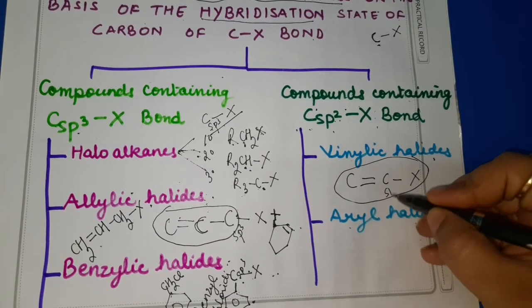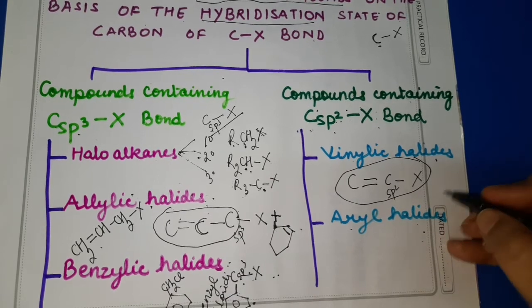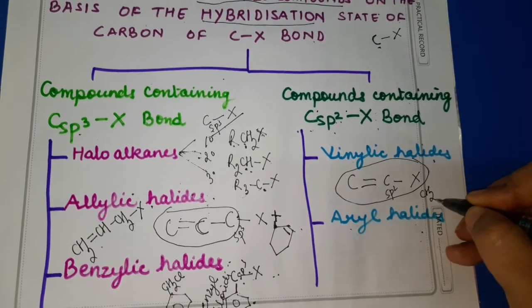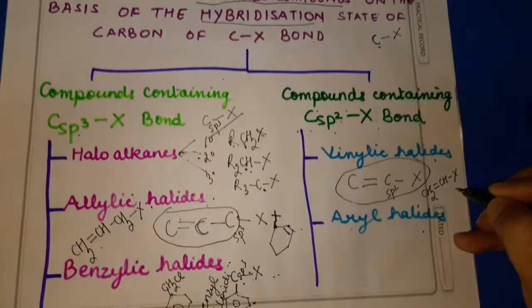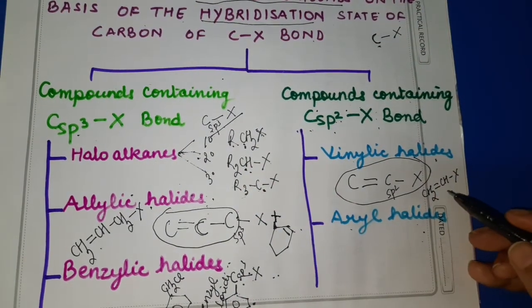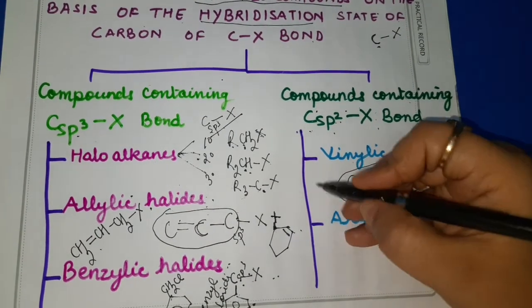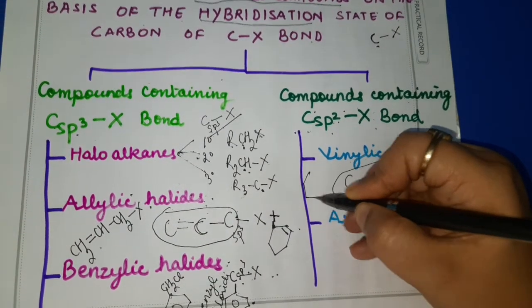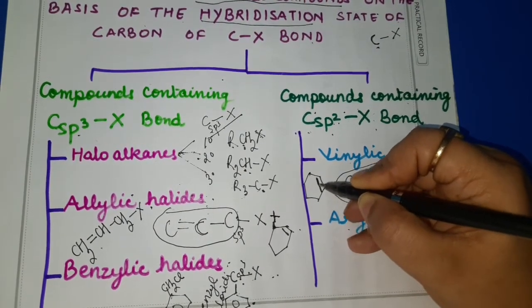This is an sp2 hybridized carbon. If I give you the direct example, it becomes CH2=CHX. This is vinyl halide. Now a cyclic example I can also give you here, dear students. Now see, this is a cyclic compound where these two carbons are doubly bonded.